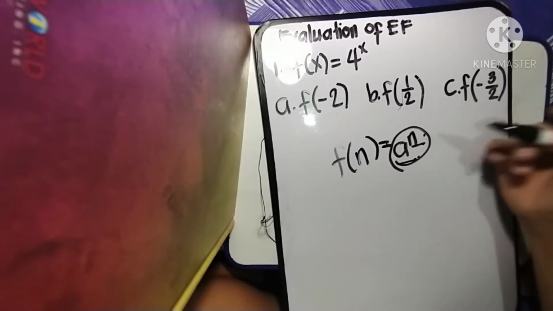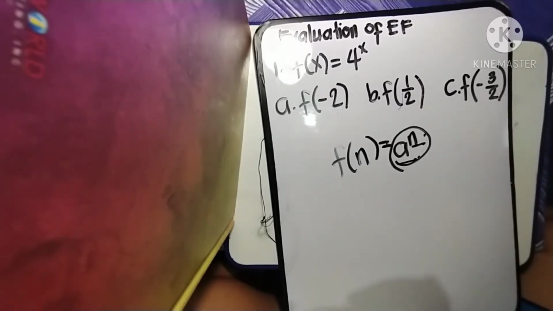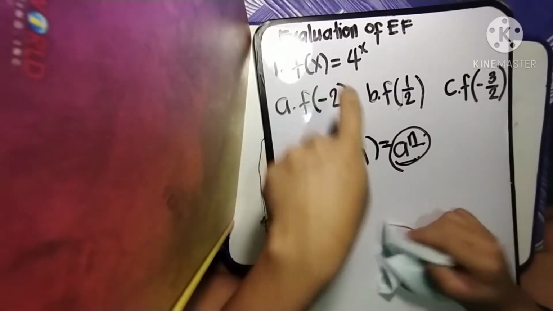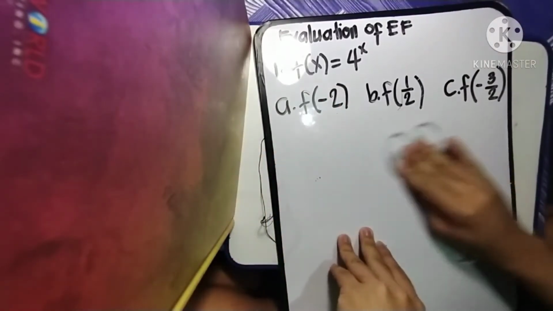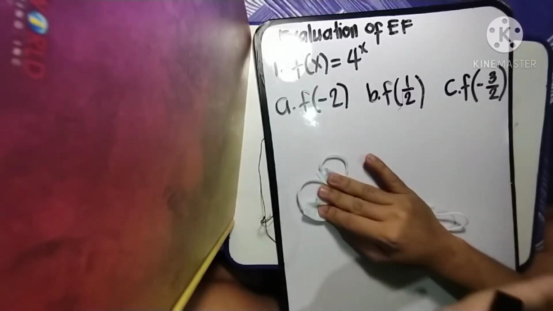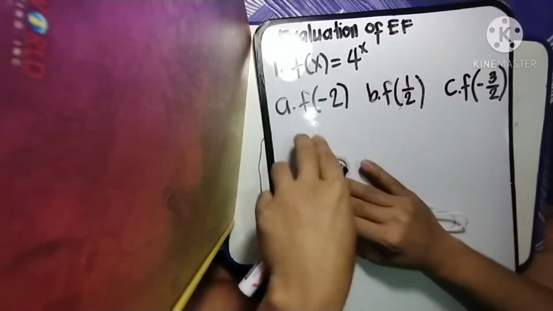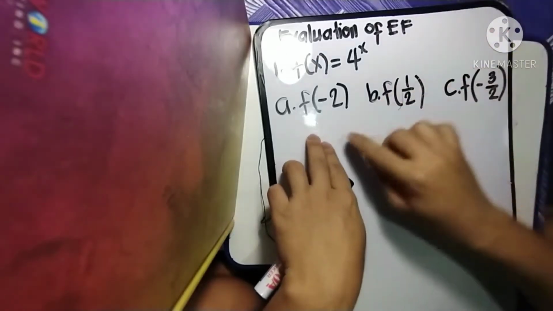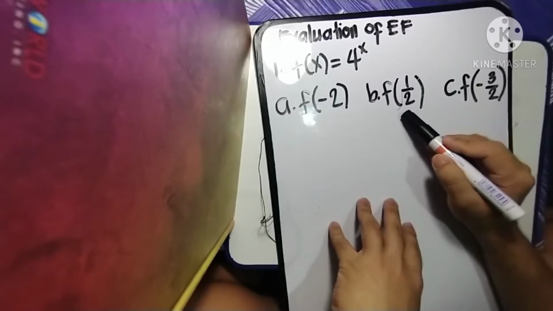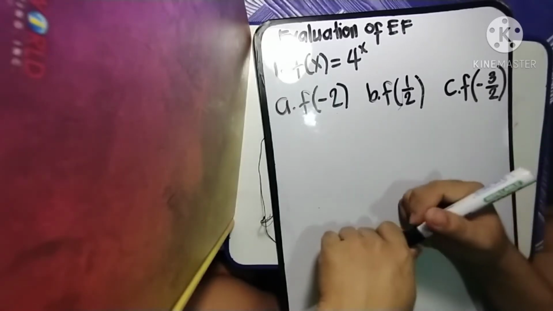So let us start with a given exponential function, f of x is equal to 4 to the power of x. We will evaluate this function using these values of x. First, we have negative 2, second is 1/2, third is negative 3/2.